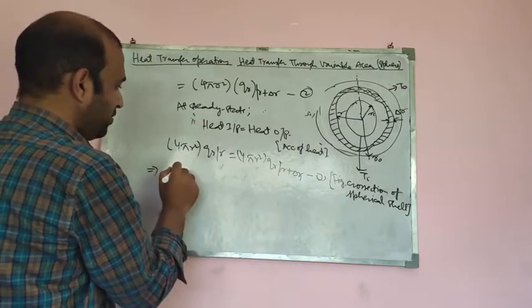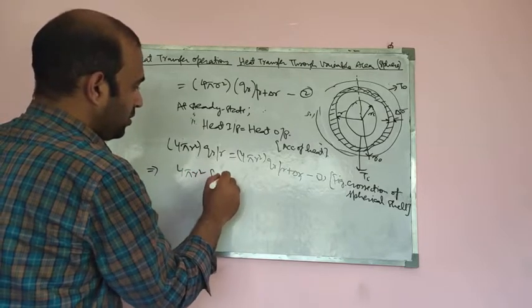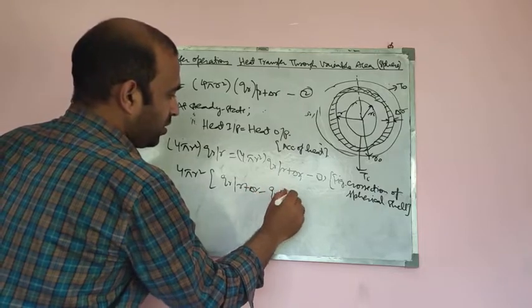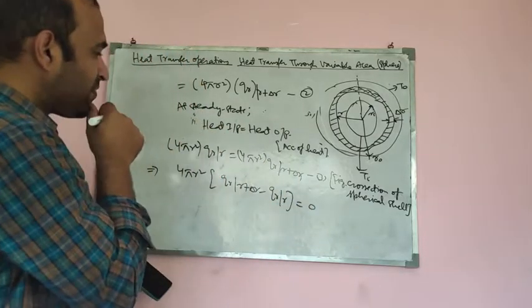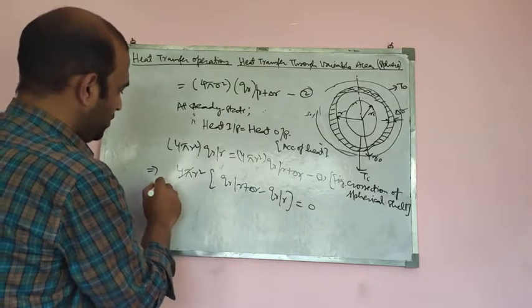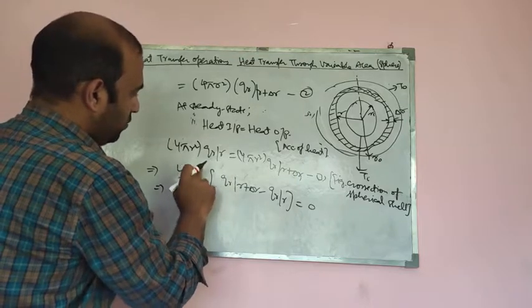Or you can write 4 pi times qr at r plus delta r minus qr at r, must be equal to 0. Since 4 pi is constant, it will cancel out, and the r square can go inside.